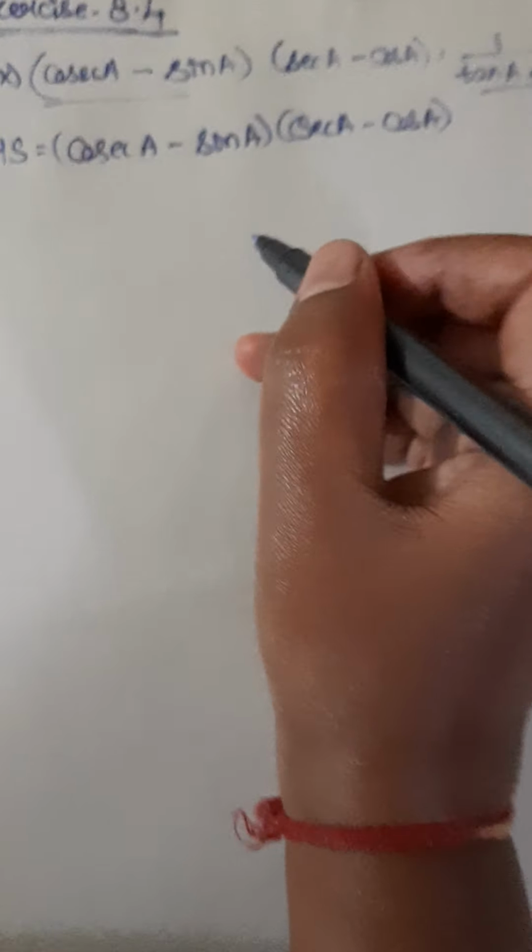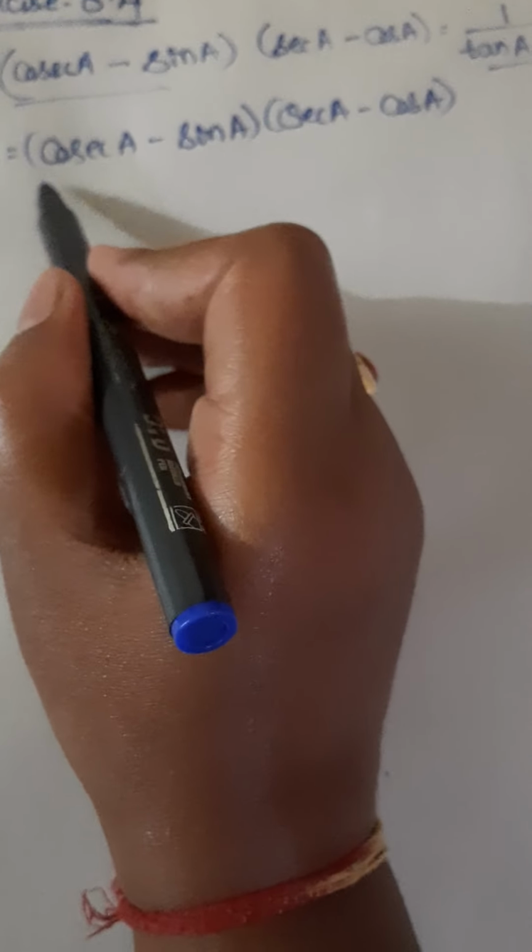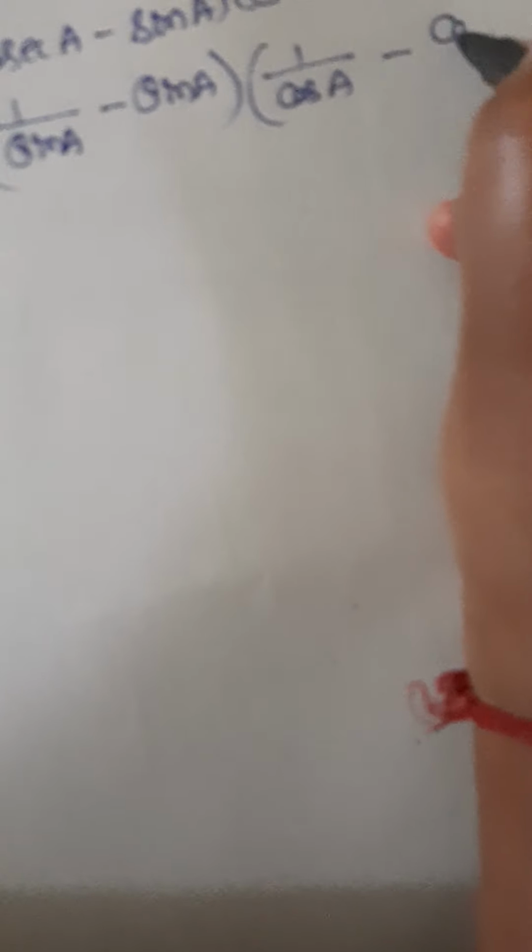We can take cosecant as 1 by sin A, that means we have to change it in the form of sin, and the secant also we are changing in the form of sin and cos. Okay, so 1 by sin A minus sin A, and here 1 by cos A minus cos A.